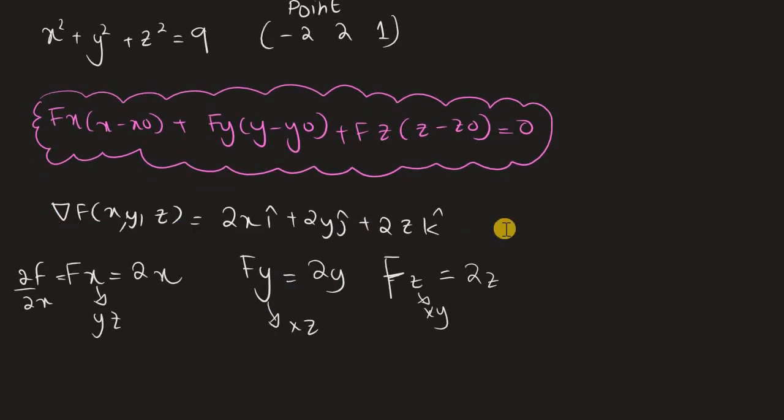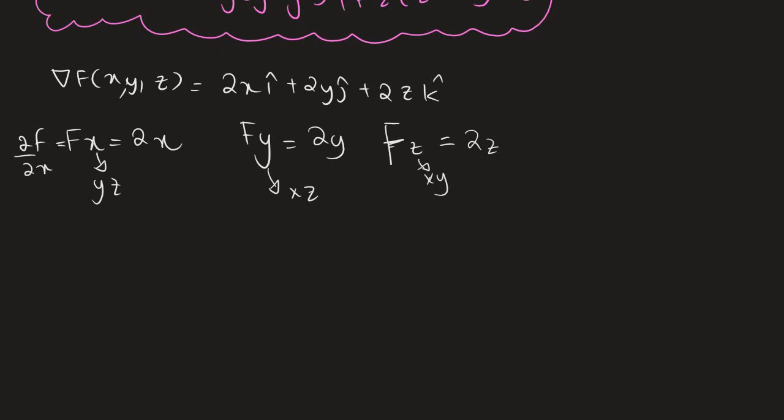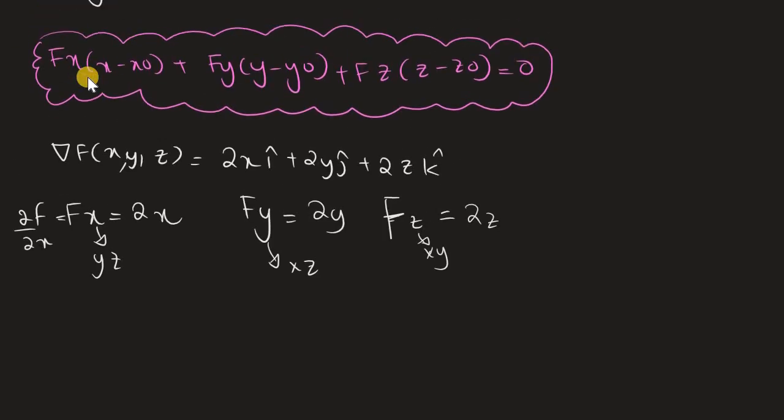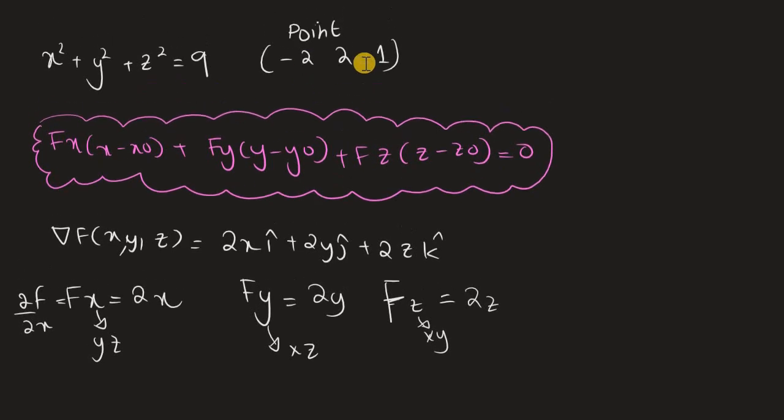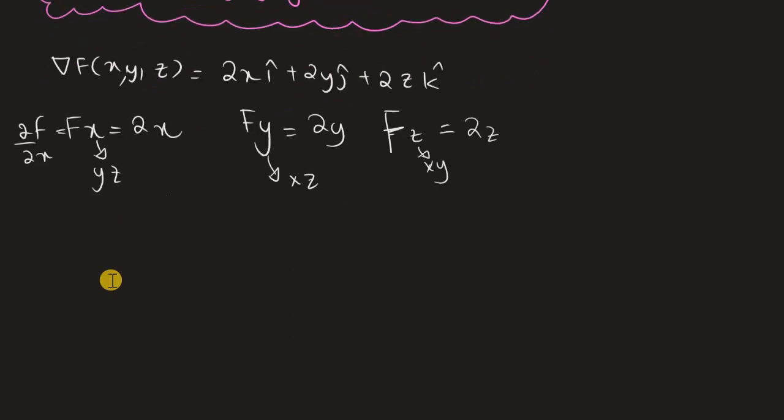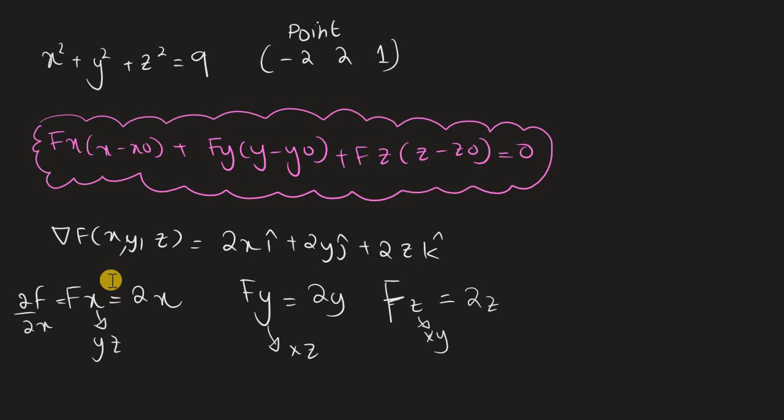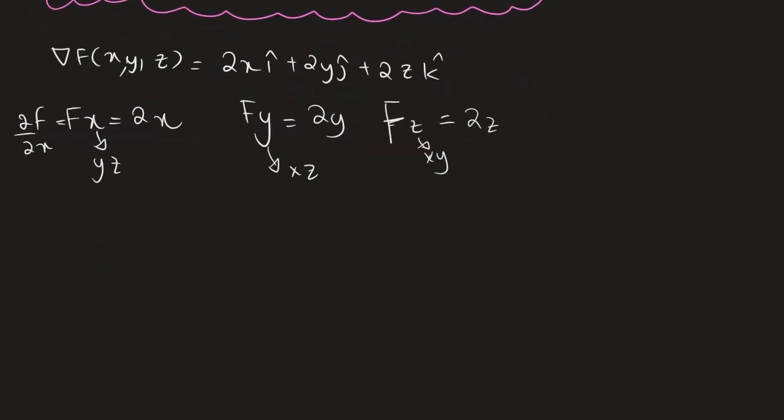So we have the gradient vector over here, and our next step is to evaluate this gradient vector at the given point. The given point to us is (-2, 2, 1). So we are evaluating at -2, 2, 1. This is x, this is y, and this is z, simply plugging x, y, and z into this equation.